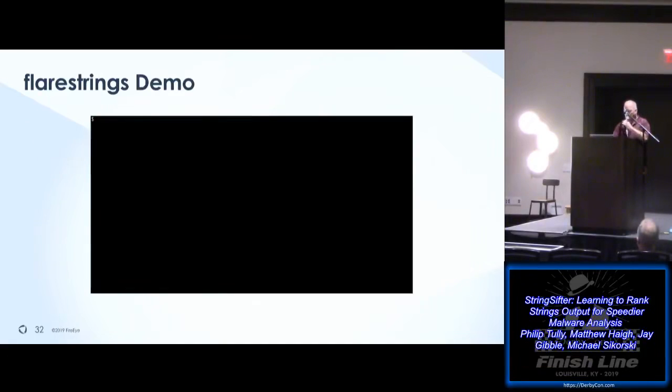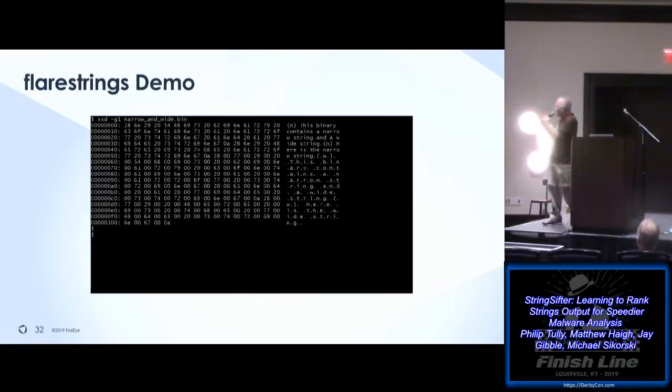Okay, so here's a demo. Let's see if it runs. Oh, there it goes. So I started with a sample file. This is just called narrow and wide, and what you see here is a hex dump.